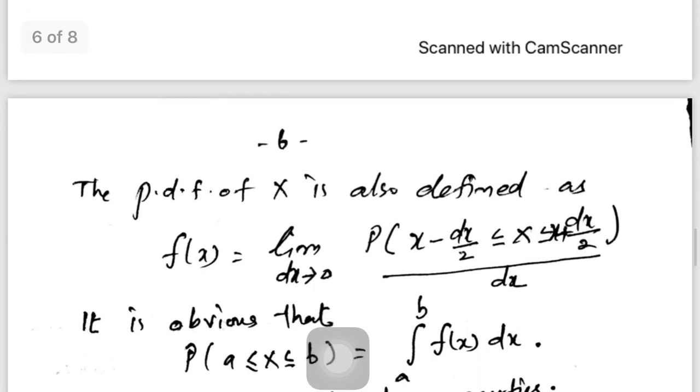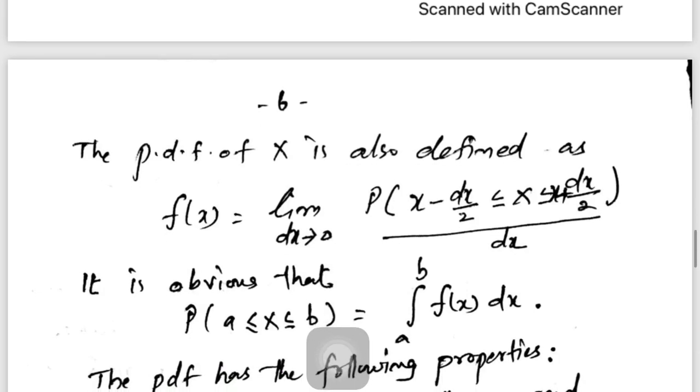Okay, and this density can also be defined similarly, but with the interval from x minus dx by 2 to x plus dx by 2. The length of the interval is dx in this case also, and you take the limit of the ratio of this probability divided by the length of the interval dx.